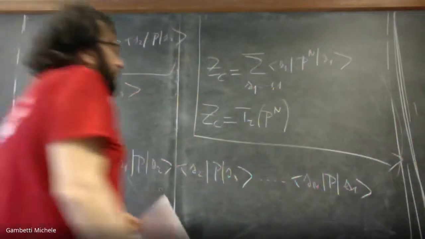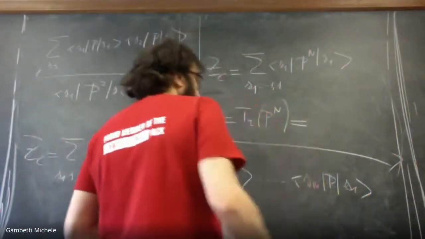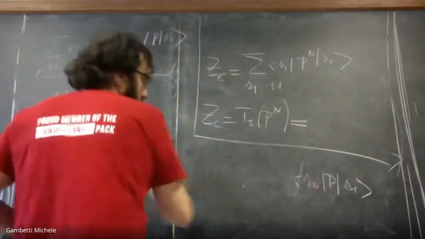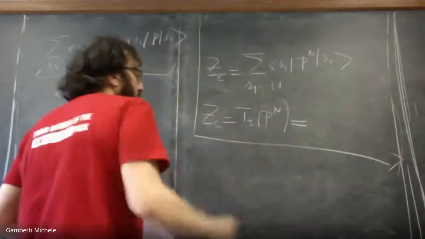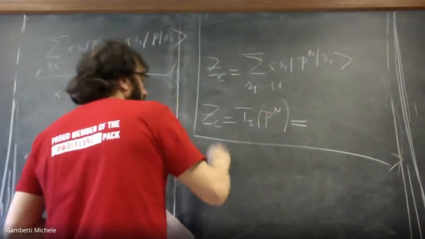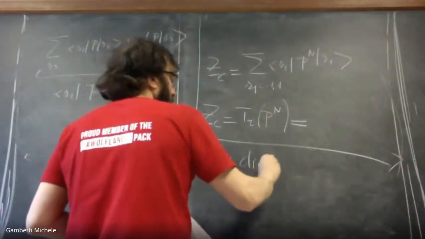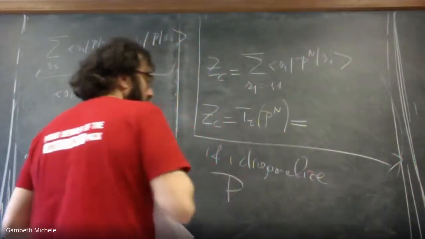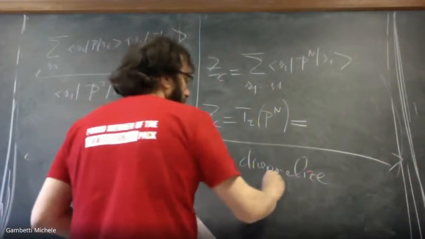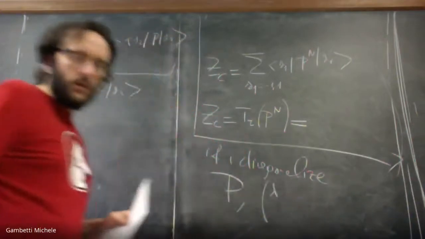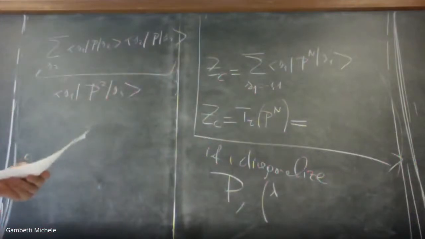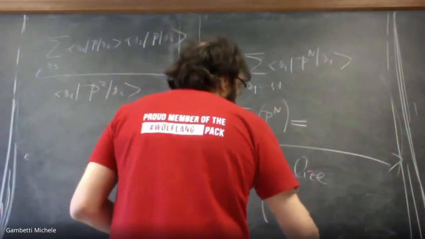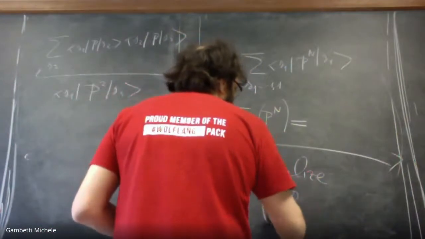And the trace of P^n can be written if I diagonalize P. Suppose that I can find a basis in which P is diagonal, and it will have the form of lambda plus, lambda minus, 0, 0.